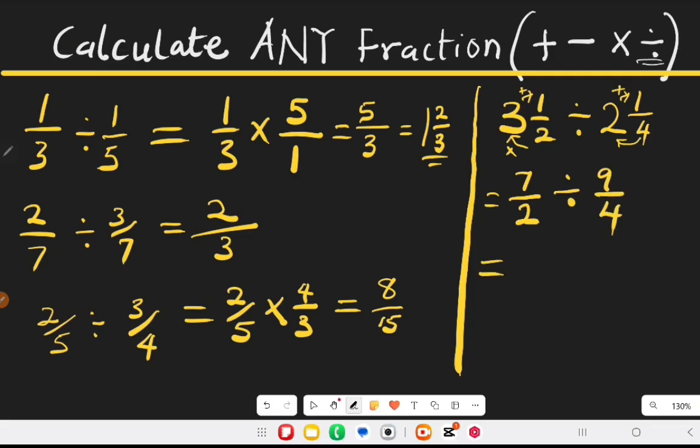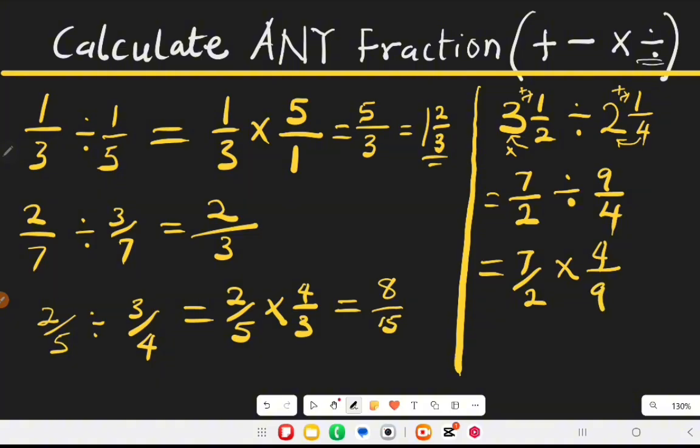Then we continue. We write the first fraction, which is 7 all over 2. We change the operation division to multiplication. Then we take the reciprocal of the next fraction, which is 4 all over 9.